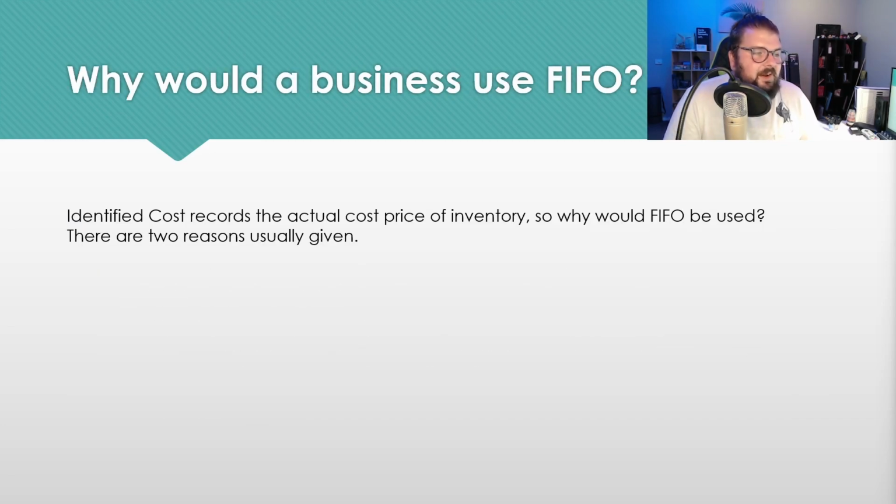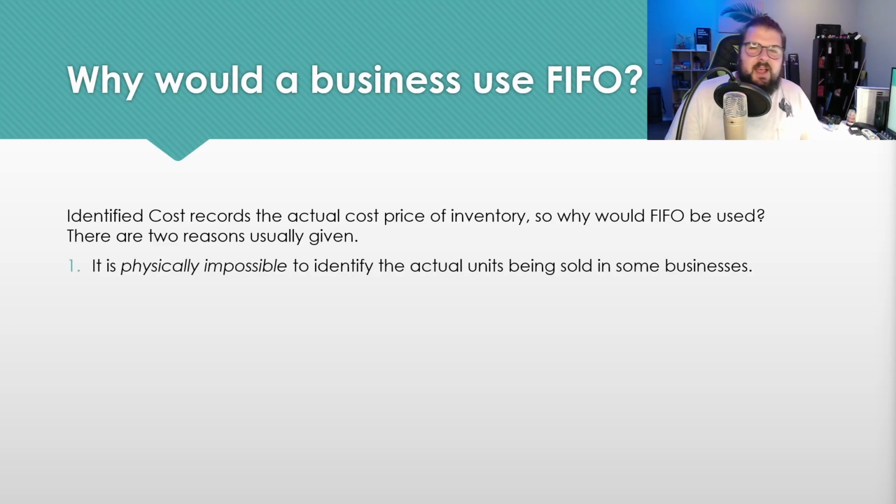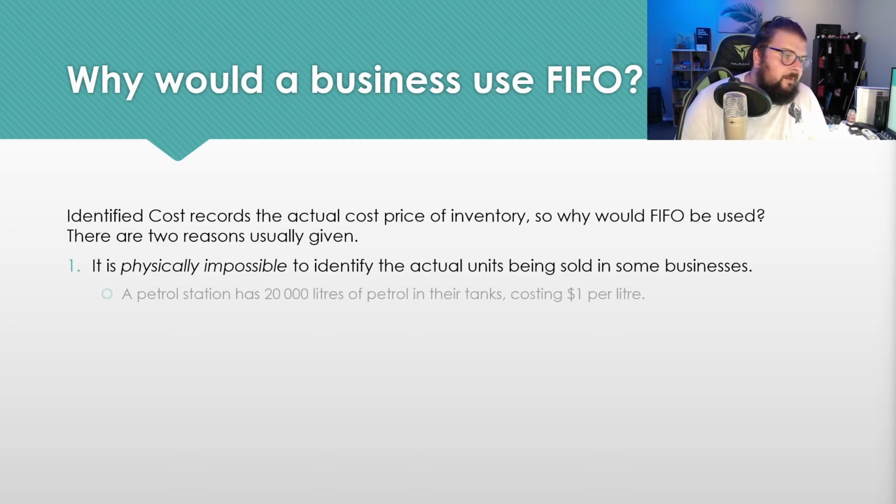So, identified cost records the actual cost of each piece of inventory, which seems more accurate and more relevant. So why wouldn't we use it? Now, as I said, there are times where it's just impossible to use that. So if it's physically impossible to count the units, then we use FIFO.